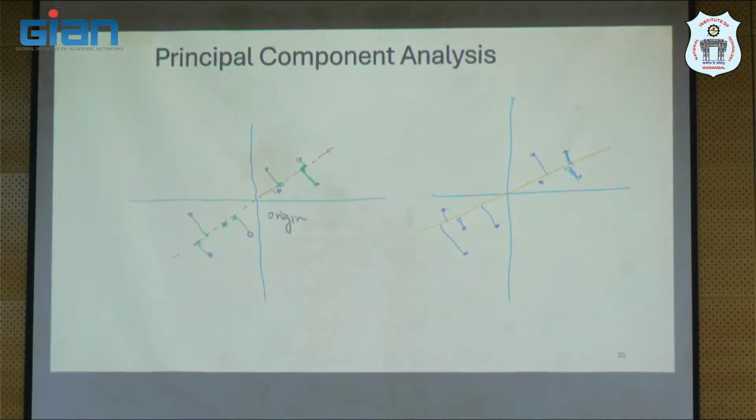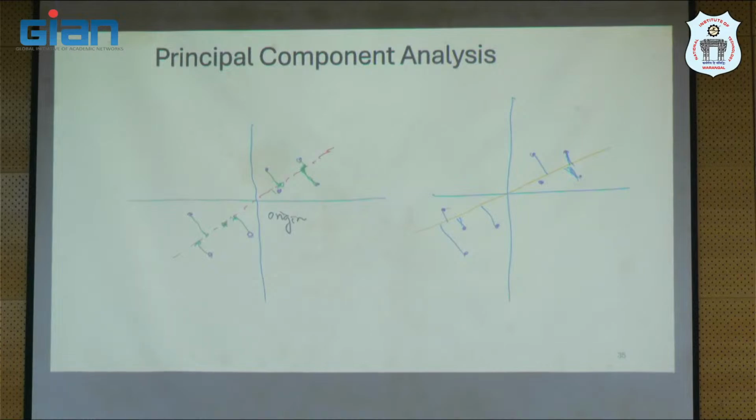So what I am trying to say is, in principal component analysis, we inherently believe that there is a principal component which is representing all the data points. So for a feature vector of 2 dimensions, see, this is a 2-dimensional feature vector. That is why I have a 2-dimensional plot, right? So x and y, 2 values are there for each of the purple points.